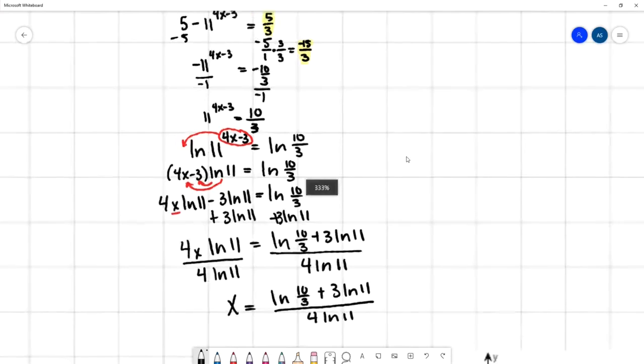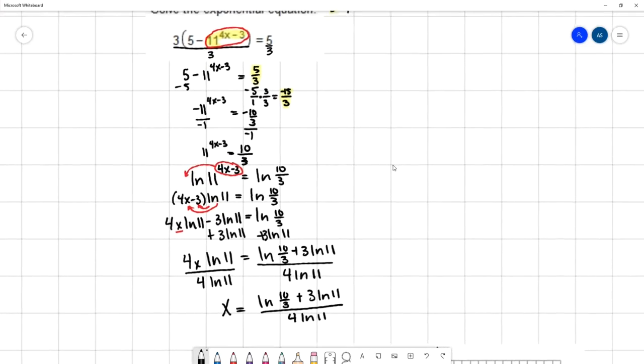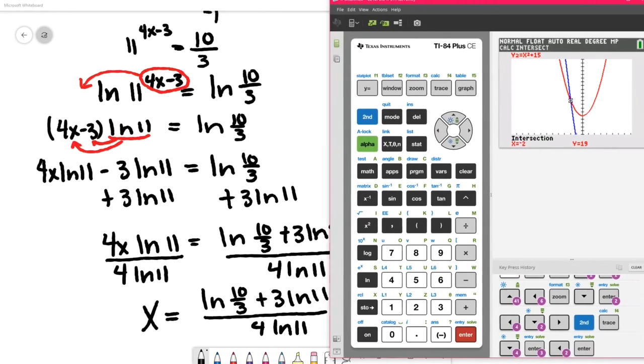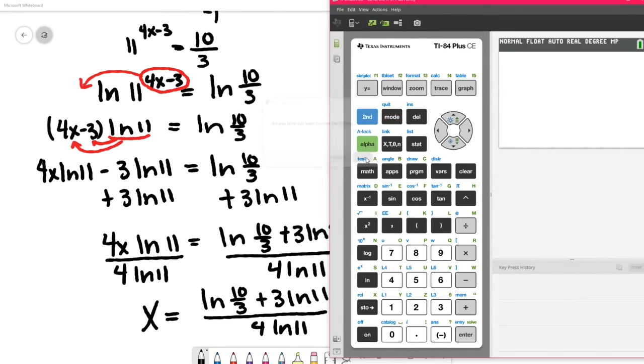We'll take a look at our work and then put this in the calculator to get an approximate answer. I'm going to go to the calculator's home screen. Let me clear this out so that you can see the buttons I'm typing here.